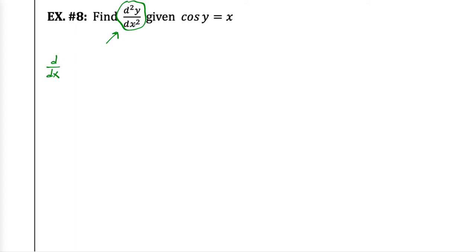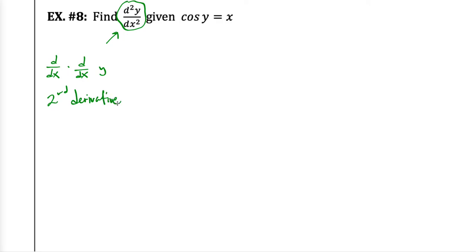Where most people really don't get this is the squareds in different spots, right? And that's because we're doing the derivative of dy dx, which is where d squared y over dx squared comes from. It's kind of weird, but that's how they label it. So it means second derivative.